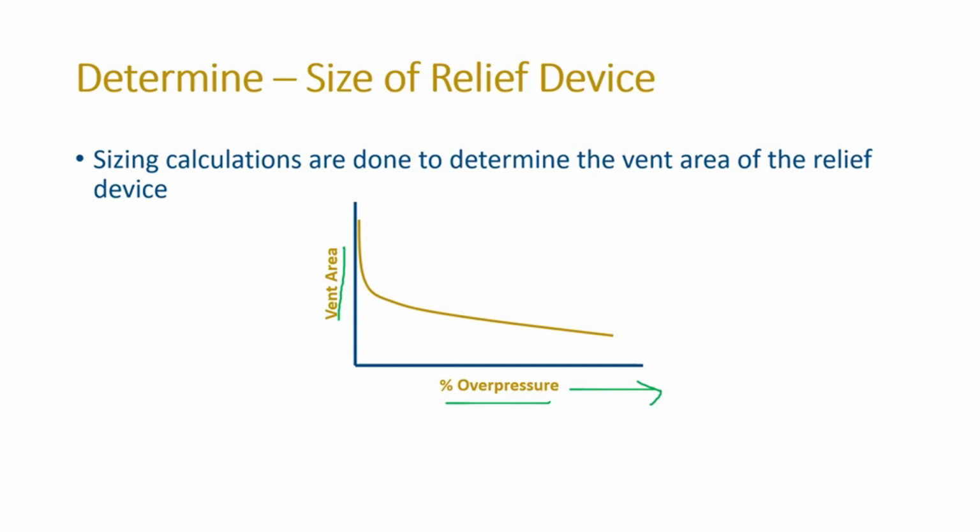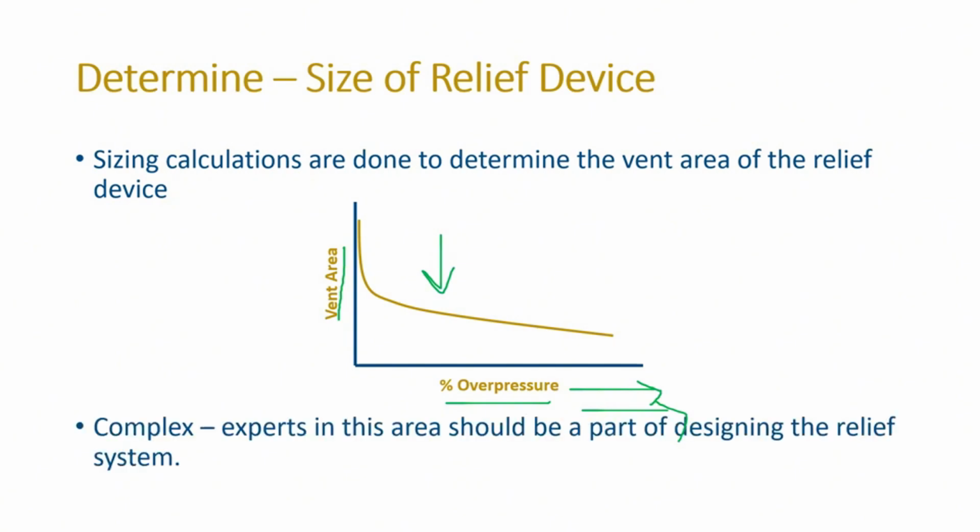As the percent overpressure increases, the pressure driving force through the relief device increases, meaning that the energy density of the fluid that's being discharged also increases. These changes together result in a very significant decrease in the required vent area as the percentage overpressure increases.